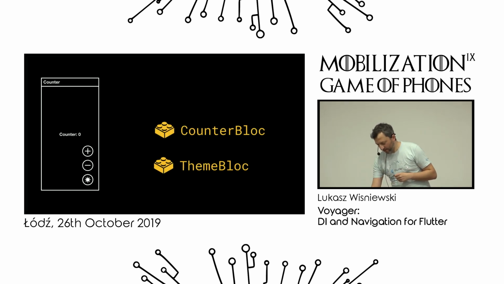And this sample app defines two blocs, so they handle states of the counter or of the theme. The counter bloc listens to events dispatched from the UI, and in return propagates a new state. So the counter goes up and then goes down, and theme bloc is basically toggling between light and dark theme.